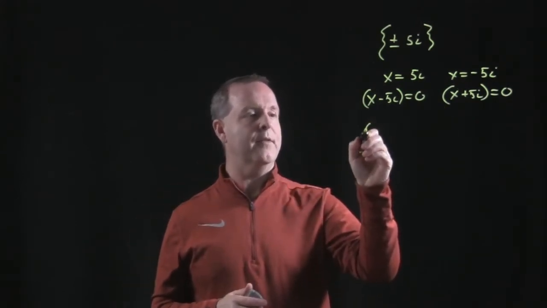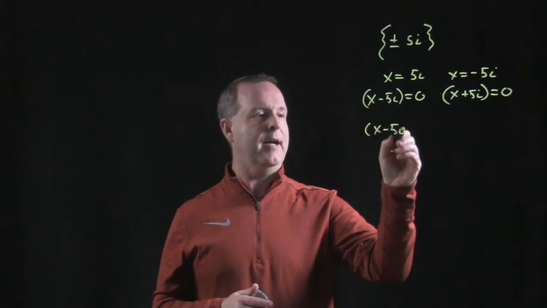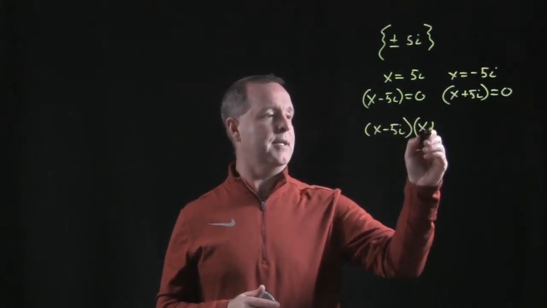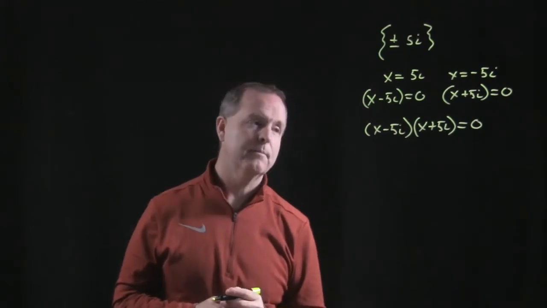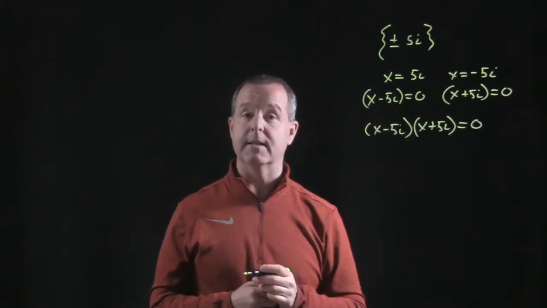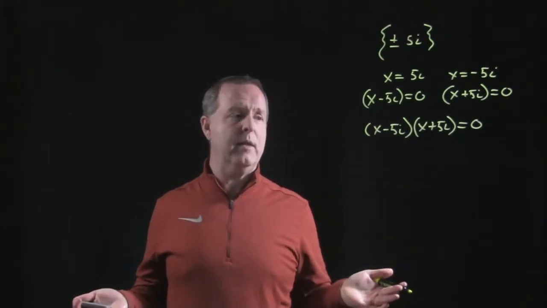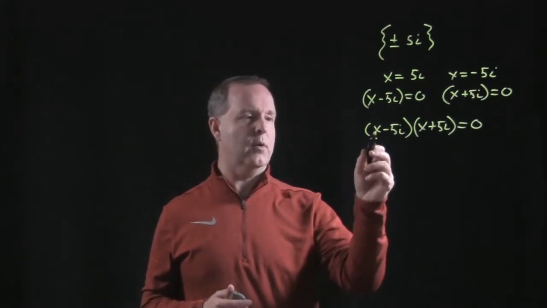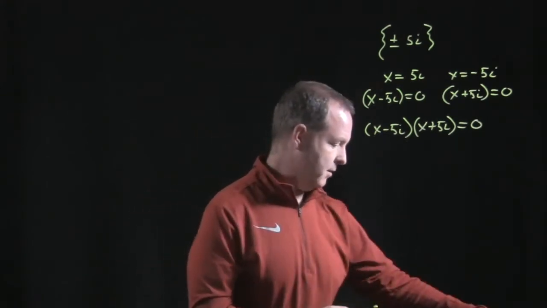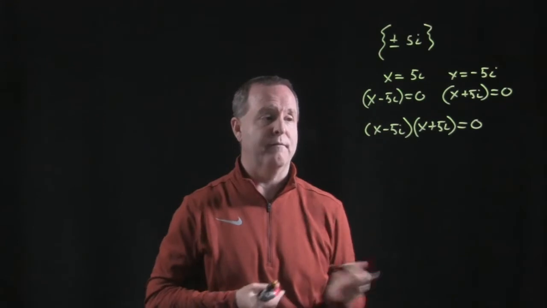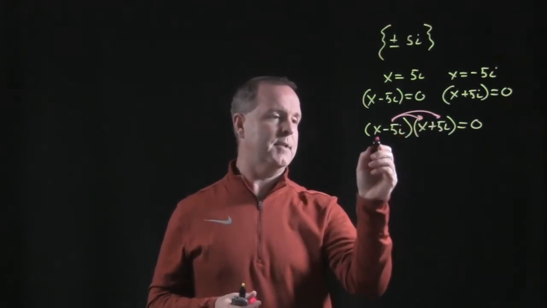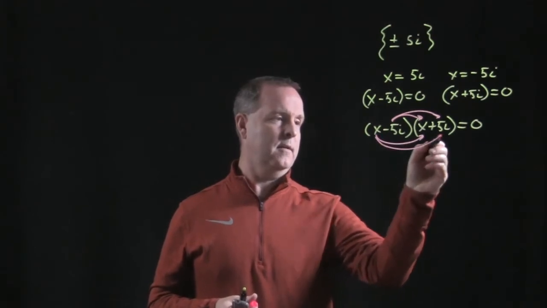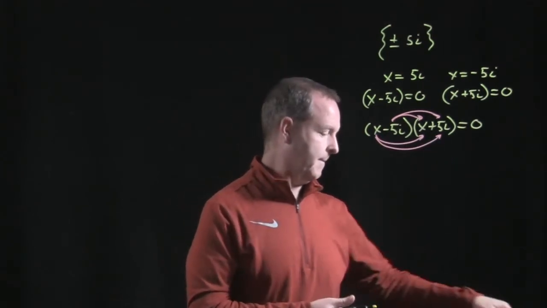Let's multiply them together: x minus 5i times x plus 5i equals 0. Again, I recognize this as a difference of two squares, but let's FOIL it out just so we get a sense of what's going on. I have to do a double distribution, which is what FOIL does, so I have to multiply 4 times.